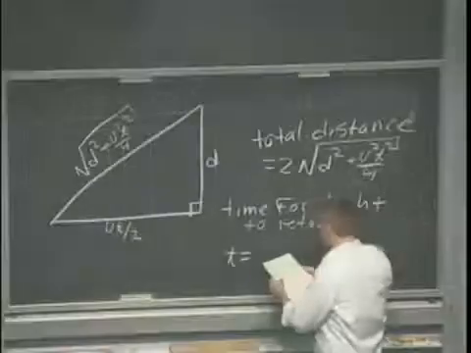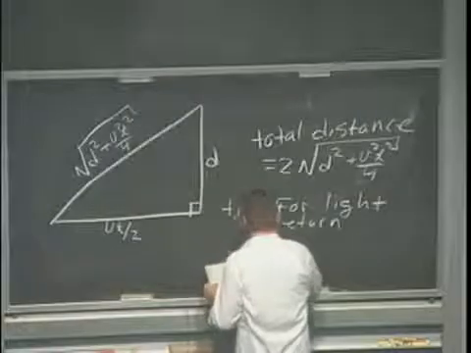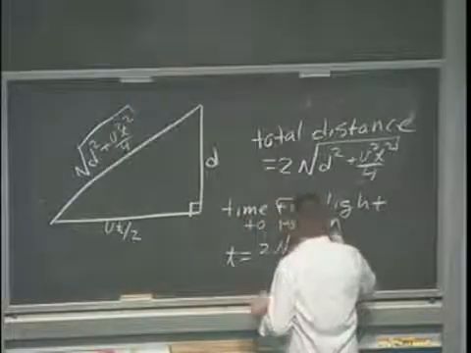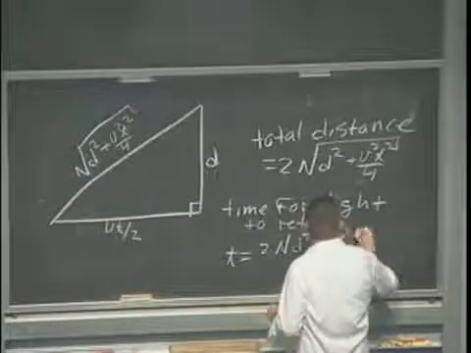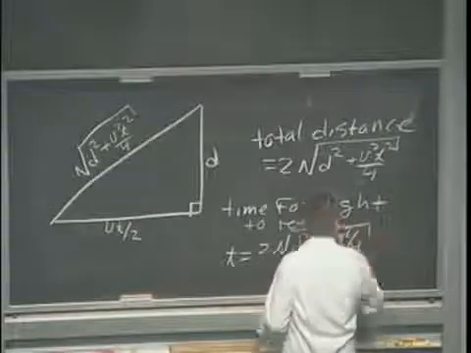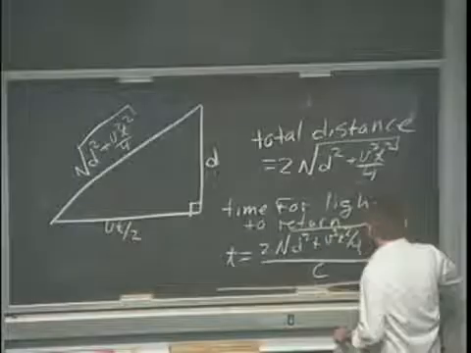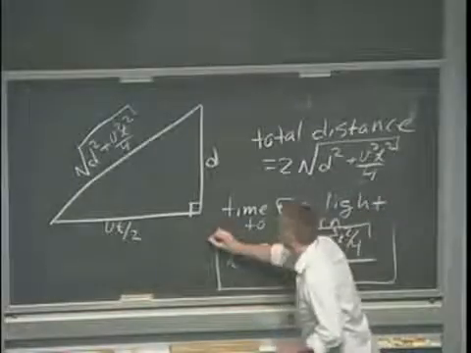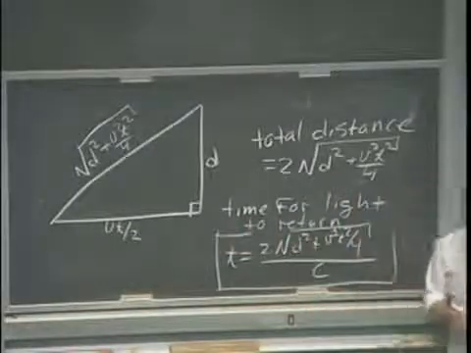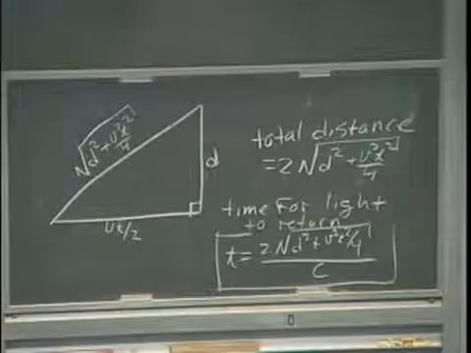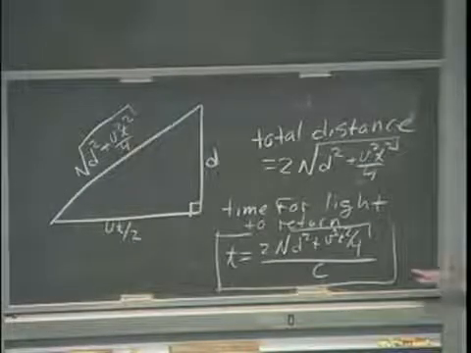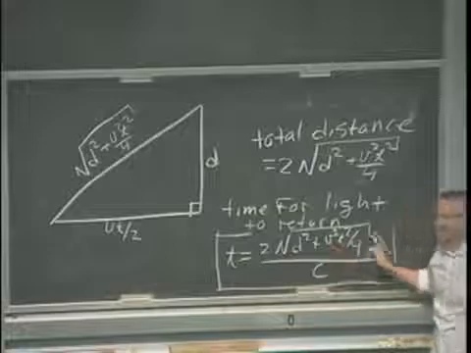So the total distance is 2 times the square root of d squared plus v squared t squared over 4, divided by c. That is the time it takes for the light to go up and bounce in this frame of reference. This actually has t on both sides, so you have to do a little algebra to solve this.